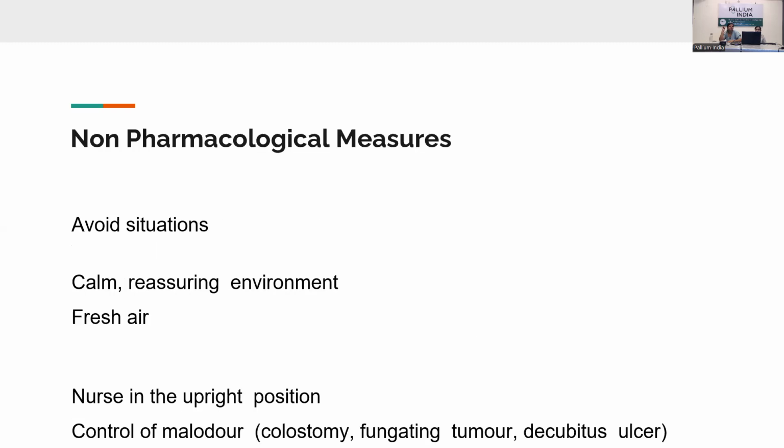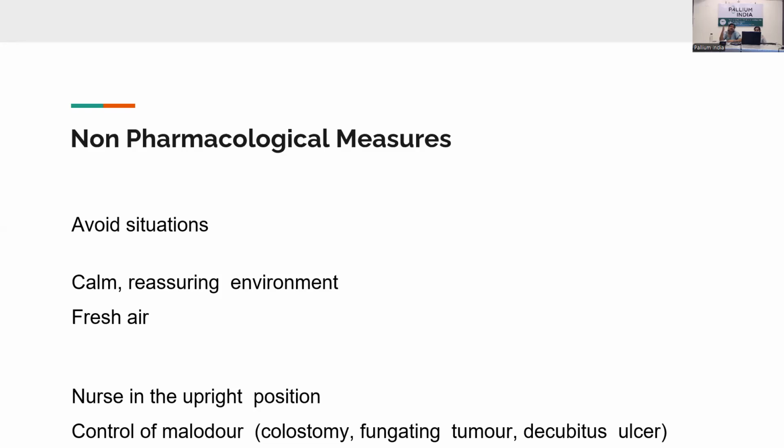Next slide. The non-pharmacological measures include avoiding situations. Sometimes in these malignancy patients or patients having nausea, the sight or smell of food, or a wound or fungating smell, malodor, can stimulate or increase their nausea.